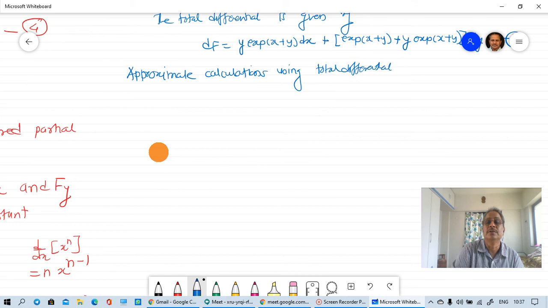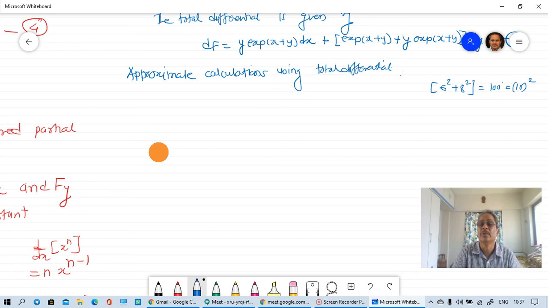For example, we are going to see later on. For example, now we know 6 square plus 8 square is 36 plus 64, that is equal to 100. Okay, that can be written as 10 square. This I know.